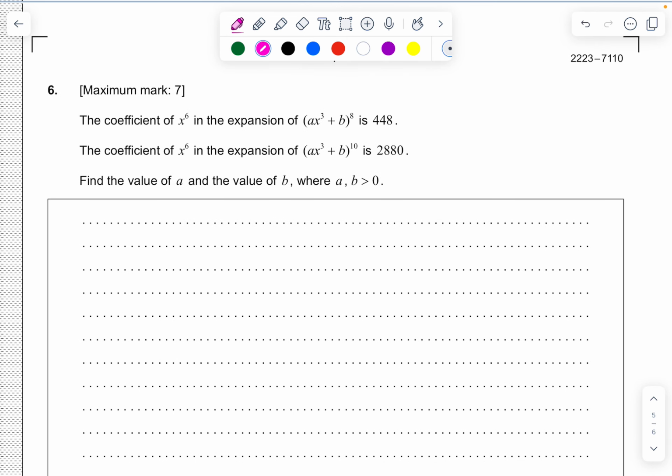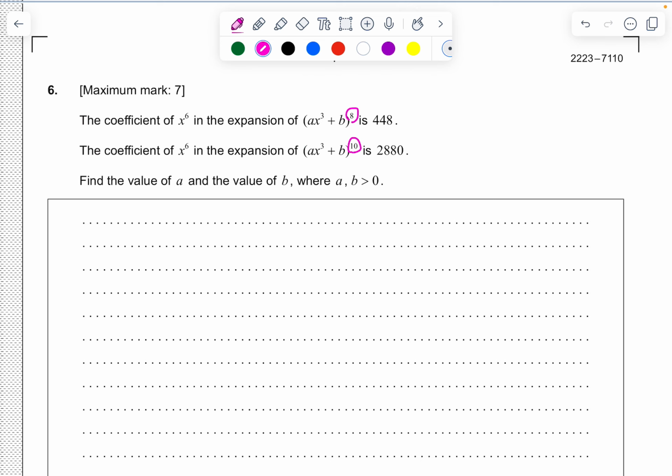Next question. The coefficient of x to the power of 6 in the expansion of (ax cubed plus b) whole power 8 is 448. And the coefficient of x power 6 in the expansion, you can see they are not the same, the powers are different, (ax cubed plus b) whole power 10 is 2880.